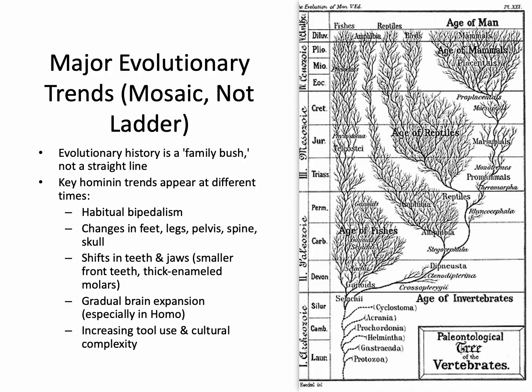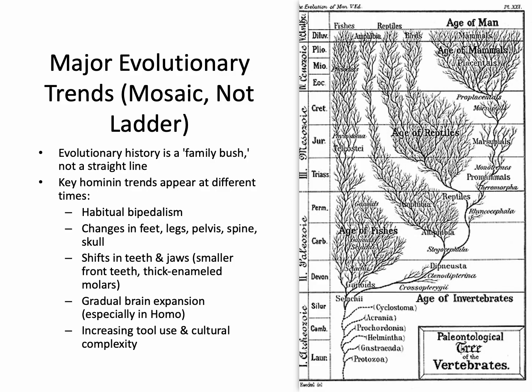We're going to also look at systemic changes in the skeleton, especially the feet, legs, pelvis, spine, and skull, that support that upright posture. Changes in teeth and jaws are really important as well, including the smaller front teeth, as well as thick enameled molars and faces that gradually become less projecting.